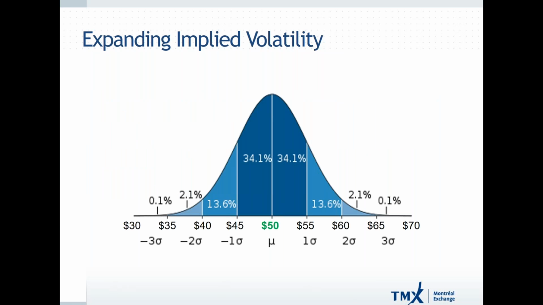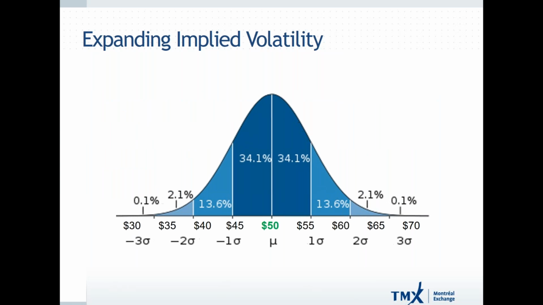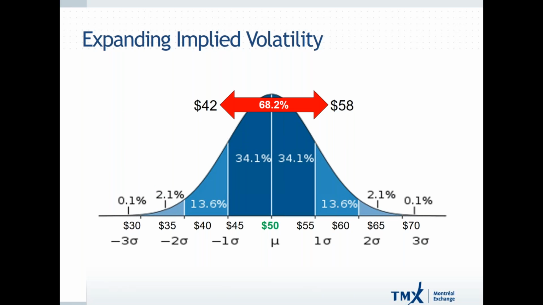Vega would be factored into that model, and then an adjustment would be made on the option premium. So what happens then is that when implied volatility expands, the market maker is saying, okay, now there's a 68.2% probability that the stock is going to trade within 42 and 58. So you can see how we've widened that center zone. What that means is that all the option contracts above and below the current stock price will be adjusted accordingly, right?